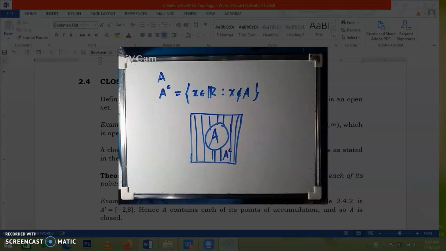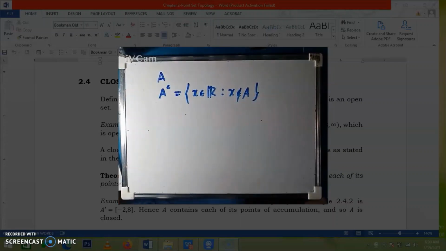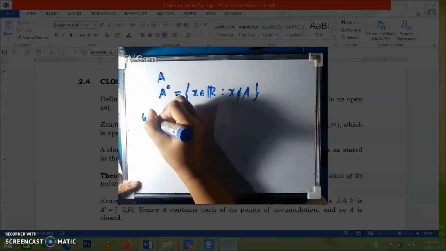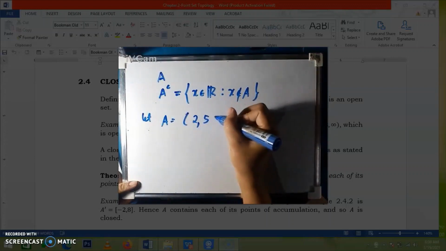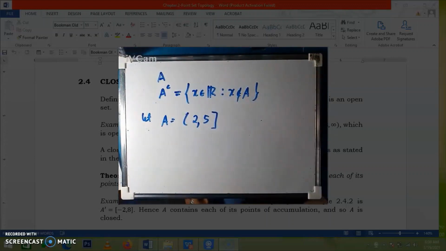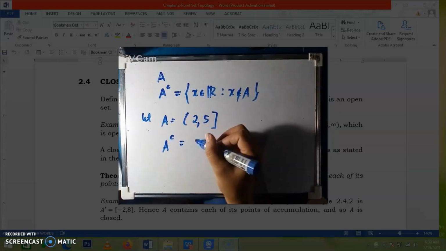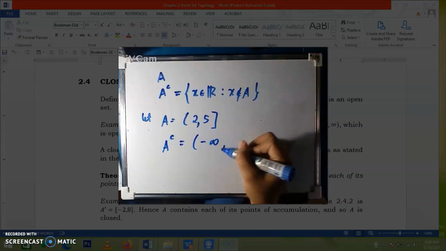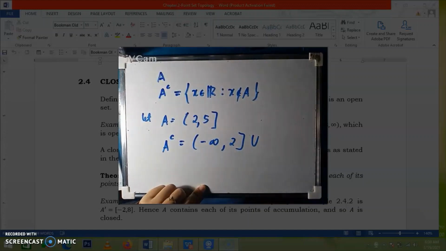Now let's have an example of the set. Say we let A be equal to this interval. Of course, the complement of A is equal to negative infinity to 2, closed in 2, union, open in 5, then positive infinity.